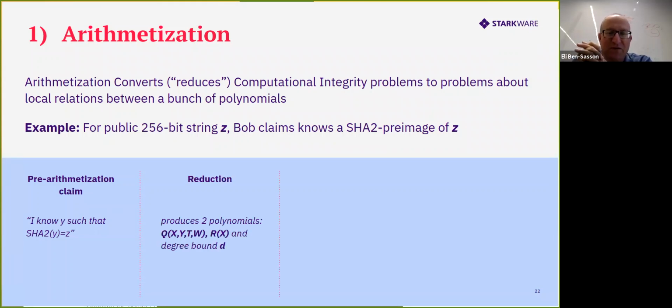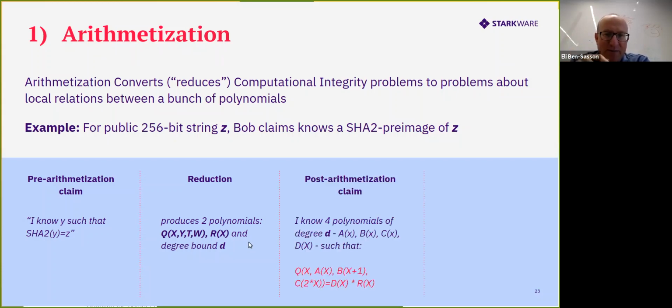It moves it into a different problem that talks about some collection of polynomials. In this case, the reduction would lead to a different statement that says there are these two polynomials. One is multivariate, Q, and the other one is R. And there's some number, a degree bound, a bound on the degree of polynomials. Let's please move to the next slide. The claim is not that you know some preimage of Z under SHA-2.